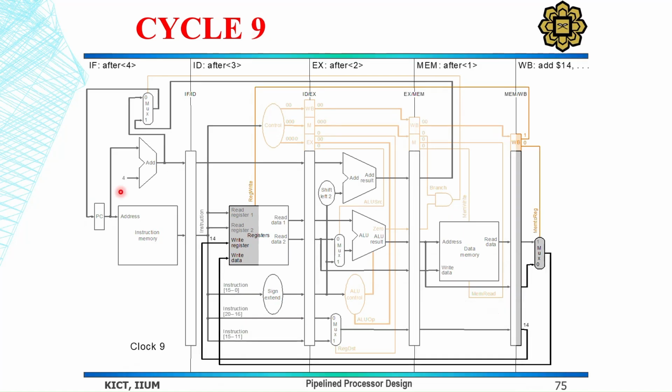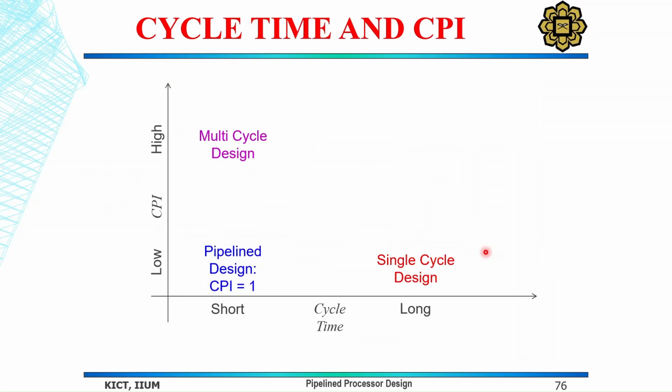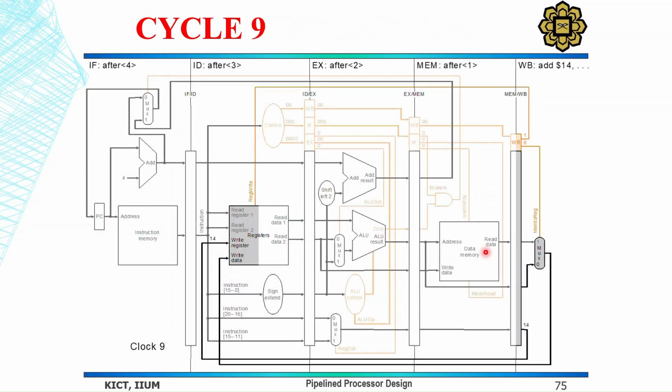Then in cycle nine, it will complete the last instruction at this stage, and all these stages will be empty with respect to these 5 instructions. So we have completed the process of all these instructions.